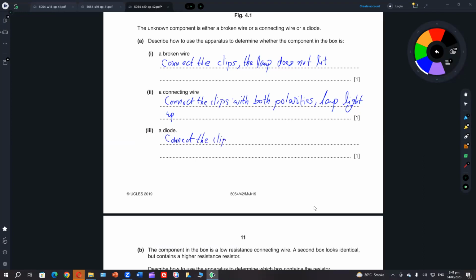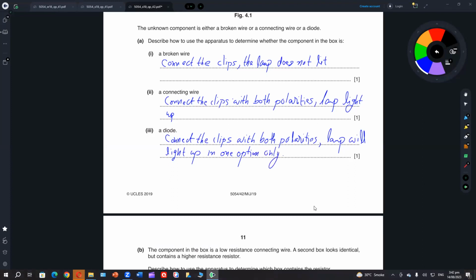A diode is a one-way switch. If you reverse the polarity, the lamp will light up in one option only.